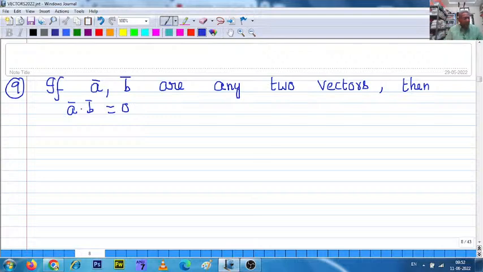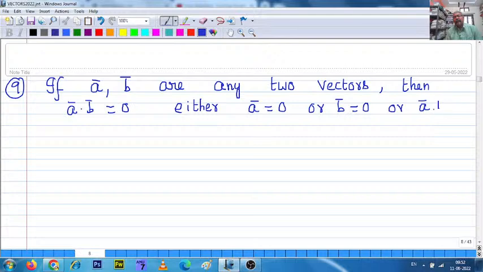A dot b is equal to 0 means either a may be 0 or b may be 0, zero vector, or if a bar, b bar are non-zero vectors, a bar is perpendicular to b bar.